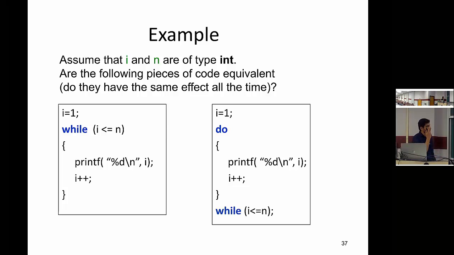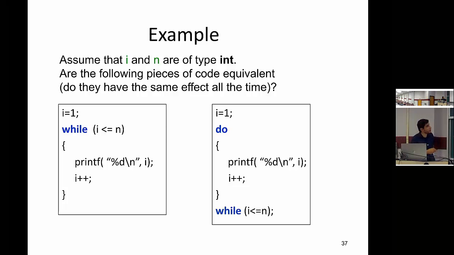But let's take a special case of n to see whether they are completely equivalent or not. What if n is 0? What do you think? In other words, are these two programs completely equivalent in all cases? Well, they are completely equivalent except if the condition is not true even the first time.